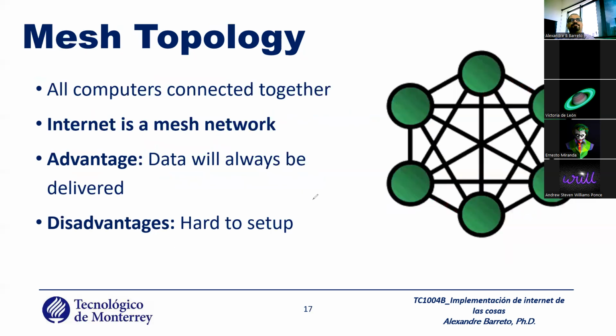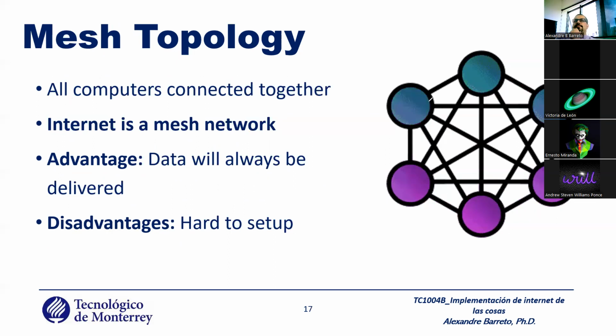No questions? Okay, the mesh topology. The mesh topology is very common today, but it's not so common, for example, in the local area network, but it's common in the wide area network. Not exactly the complete mesh, but partial mesh.